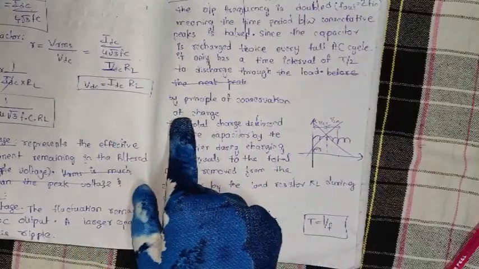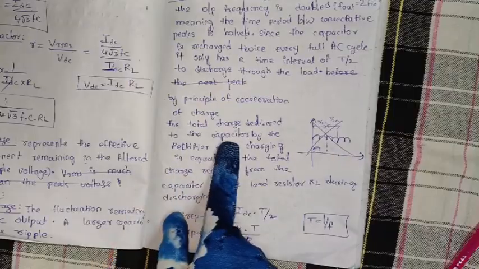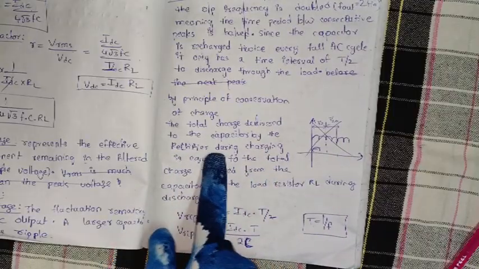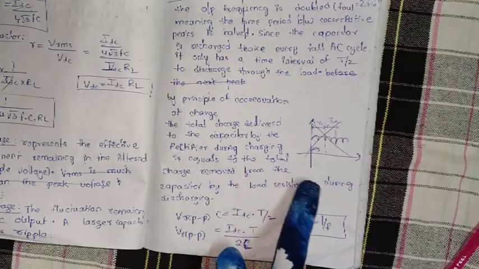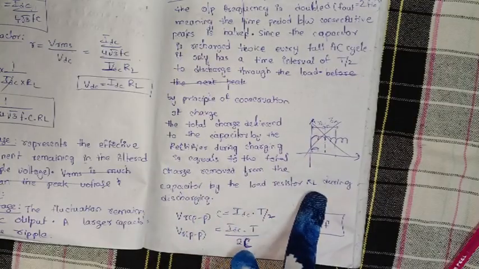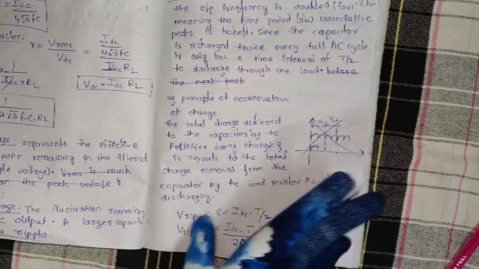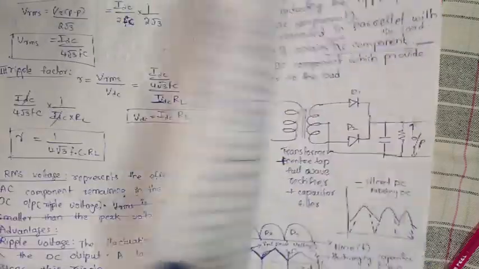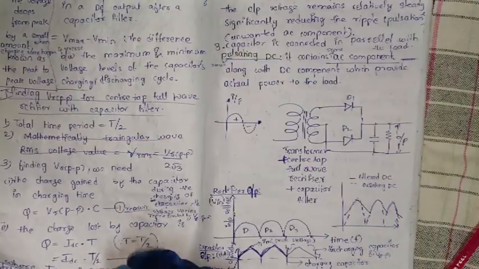Then by the principle of conservation of charge, the total charge delivered to the capacitor by the rectifier during charging is equal to the total charge removed from the capacitor by the load resistor RL during discharging. Means we are equating these two equations 1 and 2.